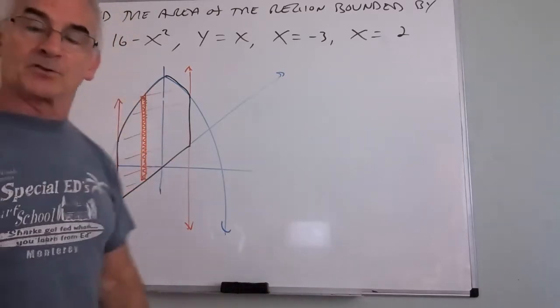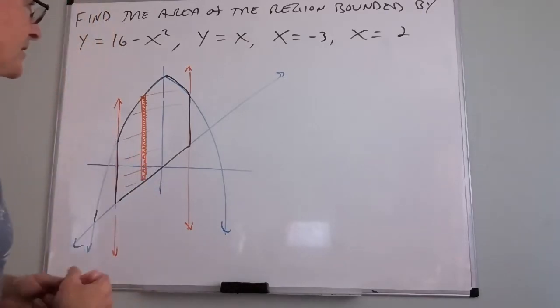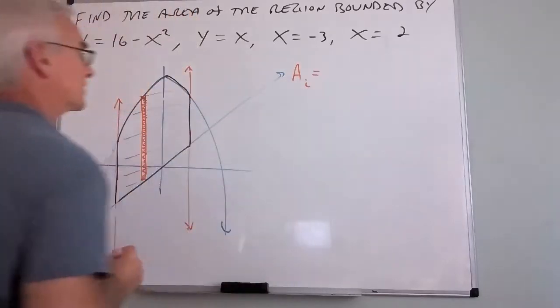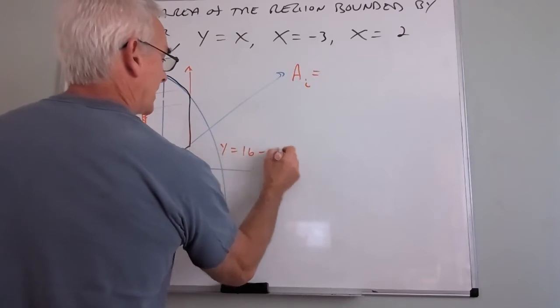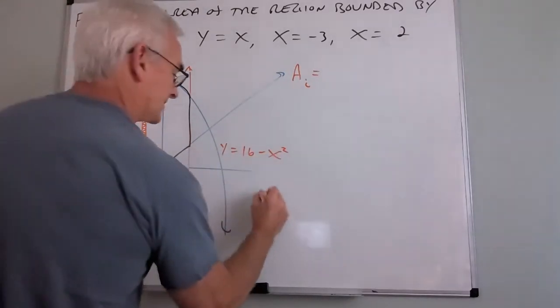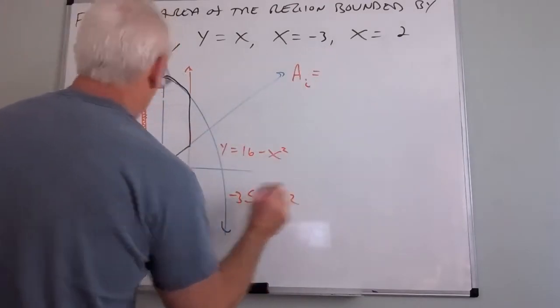But the vertical rectangles, which is what we're going to go with most of the time, probably, is a fairly simple notion. So what is the ith slice? Well, let's remind ourselves, this curve was y equals 16 minus x squared. This curve was y equals x. And x clearly is ranging from -3 to 2.